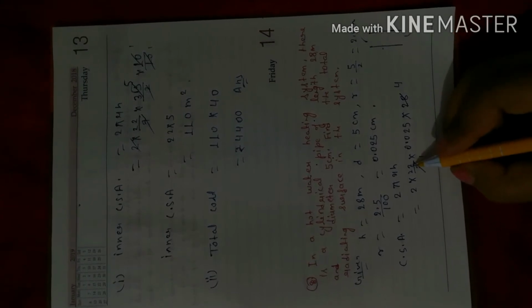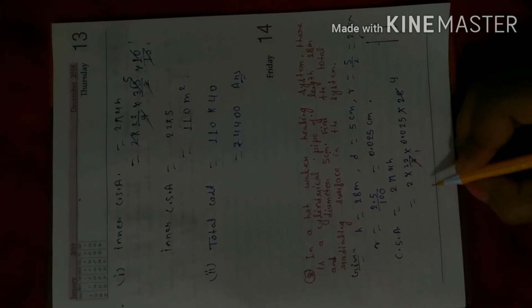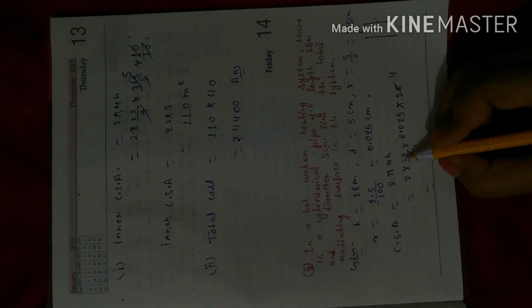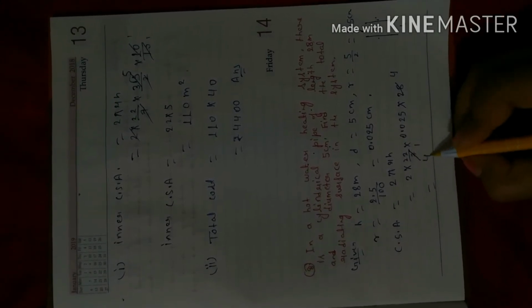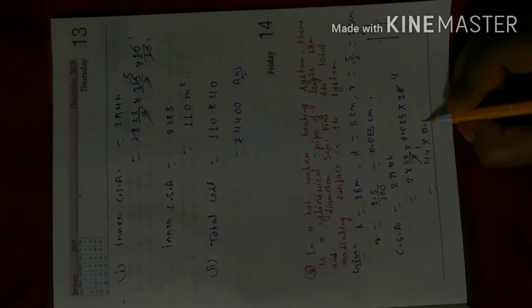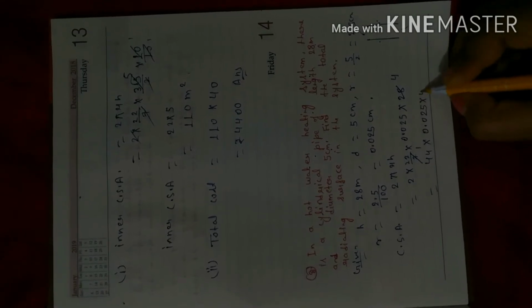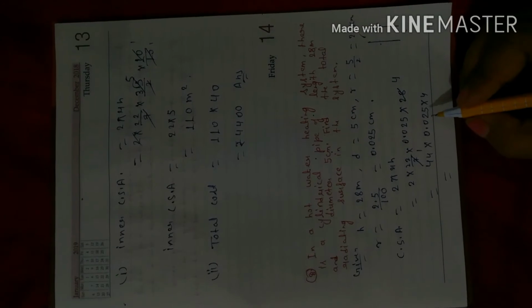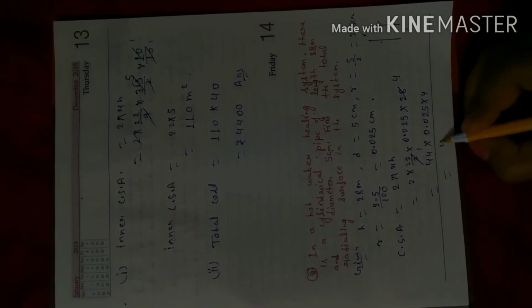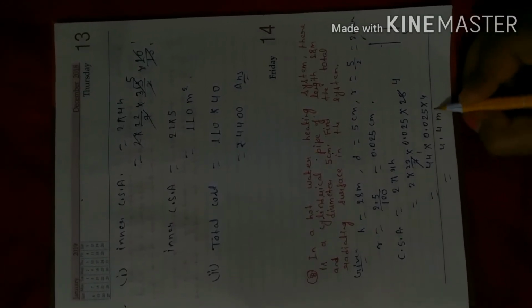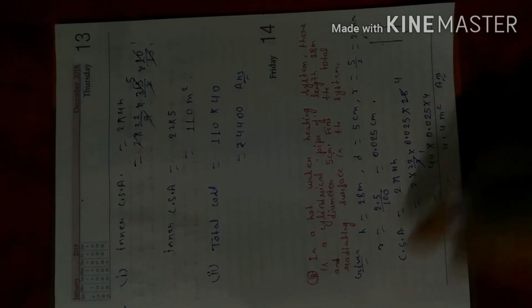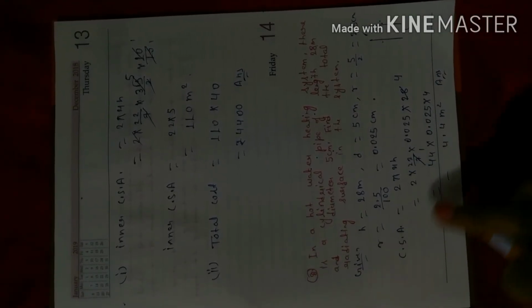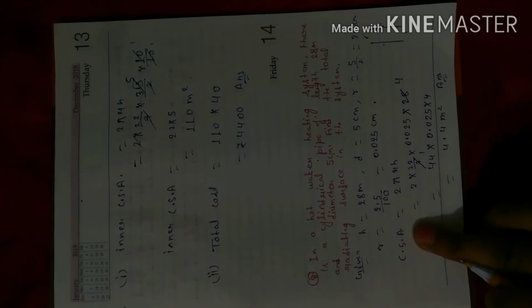Now we can find the values. 2 2s are 44 into 0.025 into 4. If we multiply it, then we will get the value 4.4 meter square. In this way we have completed our question number 8 also. Now we will solve our question number 9.